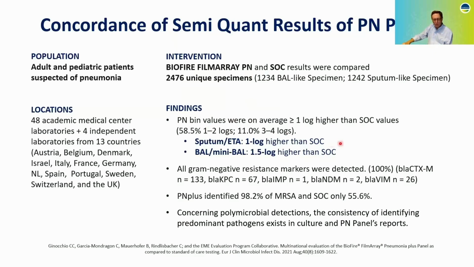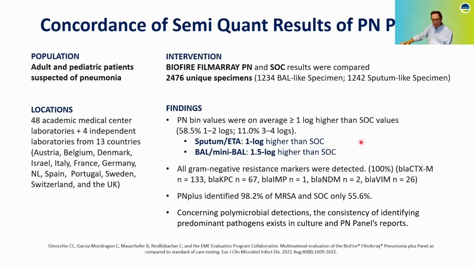As I mentioned before, they did semi-quantitation, and you can see for an endotracheal aspirate or a sputum, the bin value or the copies per ml is about 1 log higher than it is for standard of care, and it's 1.5 logs higher if you do the BAL.